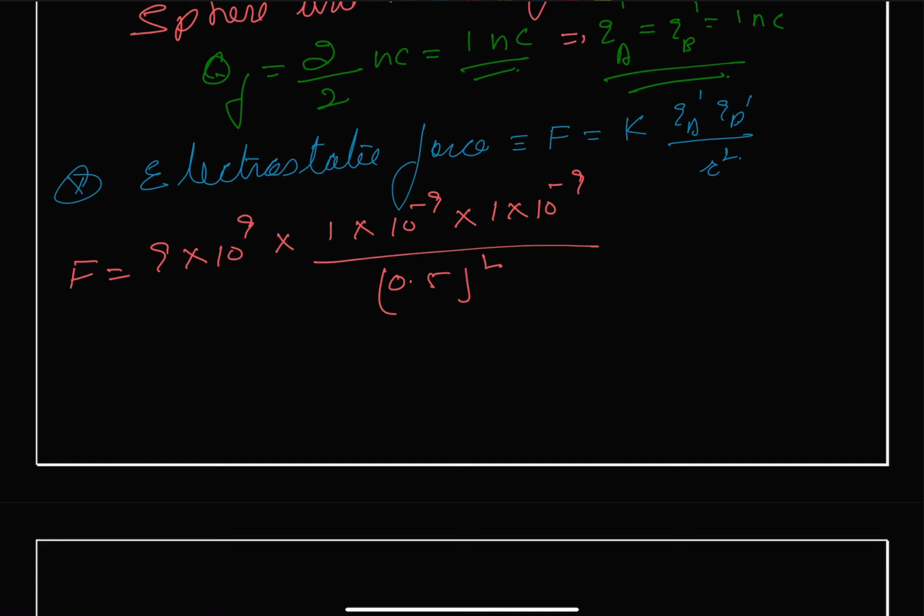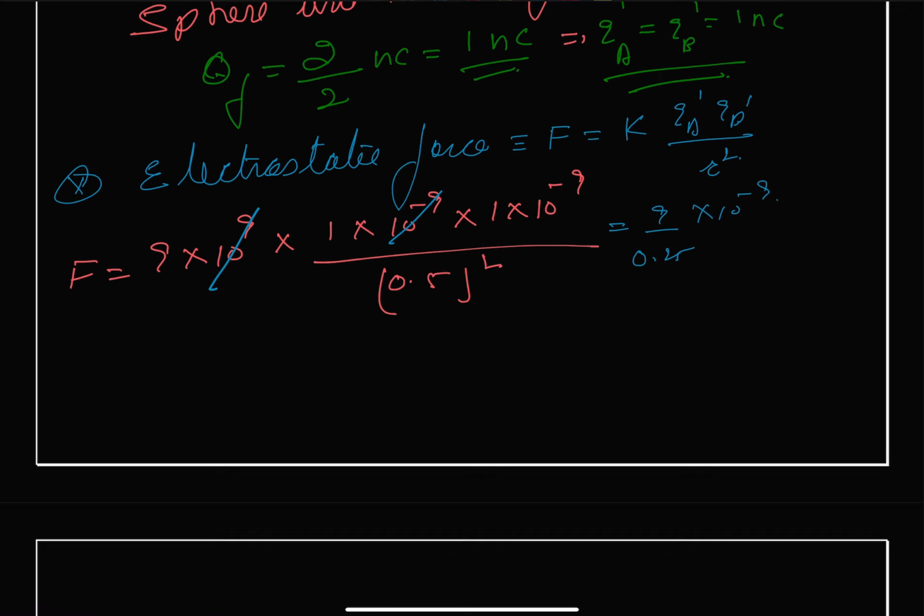And this 9 and 9 goes away, so we get this as 9 upon 0.25, and 9 upon 0.25 into 10 to the power minus 9, and this comes as 900 divided by 25, which will be coming close to, I think, 36.